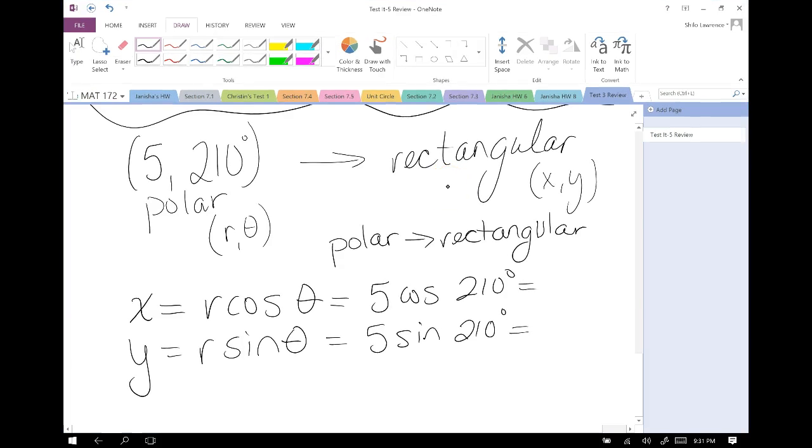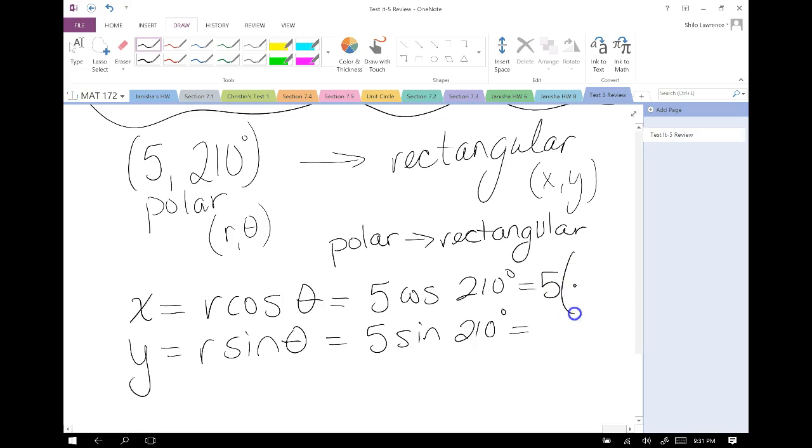So 210 is in quadrant 3, and that's where sine and cosine both come out negative, which makes sense because in quadrant 3 we should have negative x and y coordinates as well. So cosine of 210 in my calculator, just making sure I'm in degree mode, is negative radical 3 over 2.